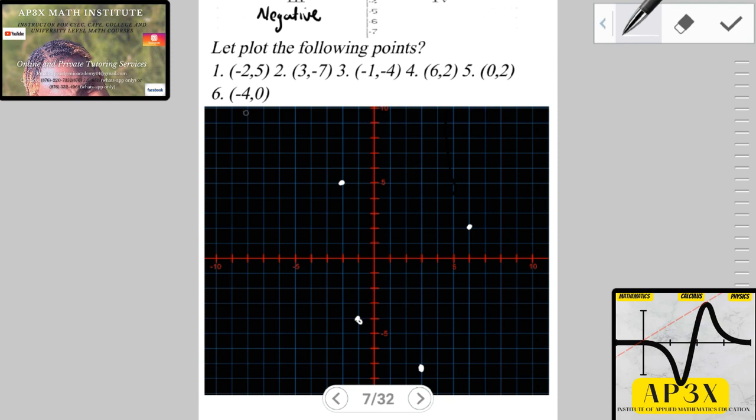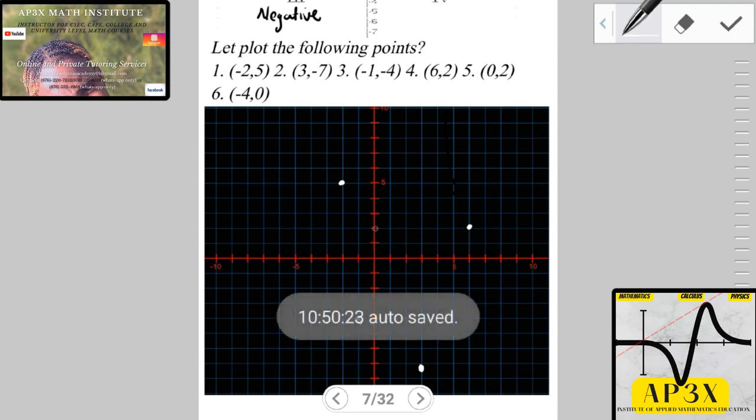Now for the other 2 additional points, will it fall in a quadrant or will it fall on a line? Well, once you see a 0 involved in one of your coordinate values, then more than likely it's going to be falling on an axis. Let's see what axis this falls on. 0 on my x, so I do not have to go left or right, but I have to go 2 steps up.